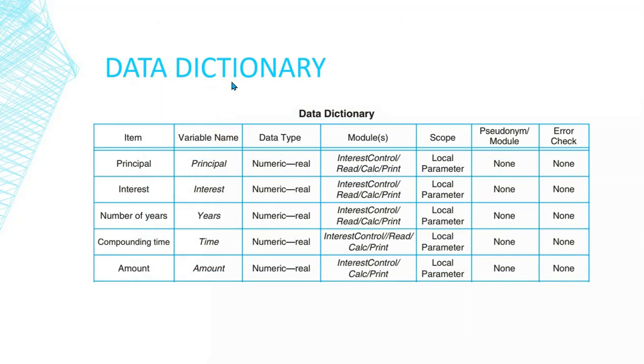That dictionary will explain all the variables we use and all the information regarding these variables. So we have, for example, the item principal, the variable name we chose is principal, type numeric real because it's money, and the modules where it appears: it will be interest control as a local variable, and in read, calculate and print as a parameter passed from interest control. The pseudonym module is none, because we use the same name, principal, everywhere, whether in the actual or formal parameters. That is why it has no pseudonym.